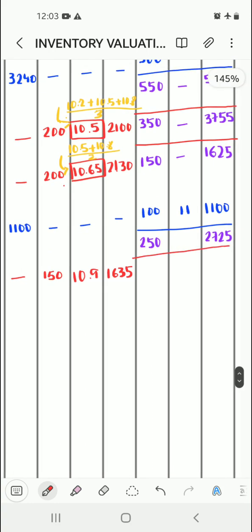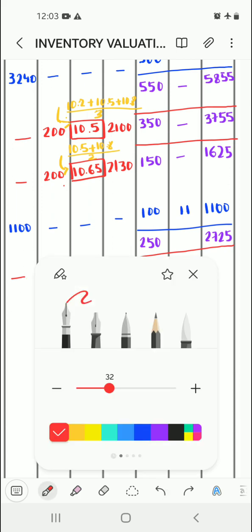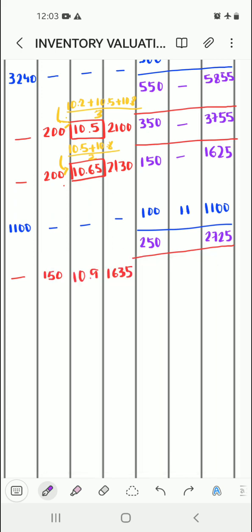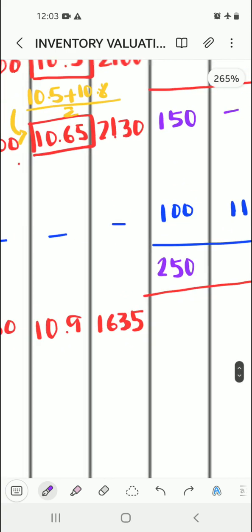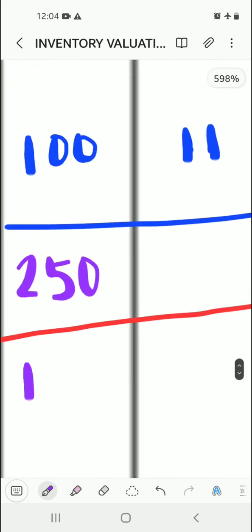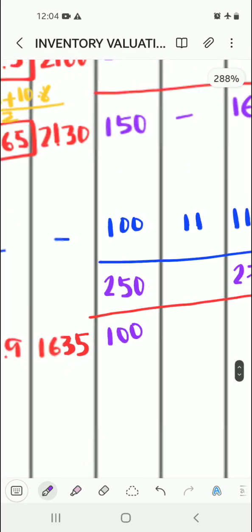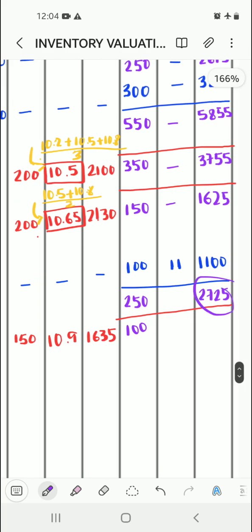Now see, once we do it, 150 is issued, so it's gone from 250. So what are we left with? The balance we are going to write. The balance will be 250 minus 150, that is 100, and the amount we will be left with will be 2725 minus 1635.